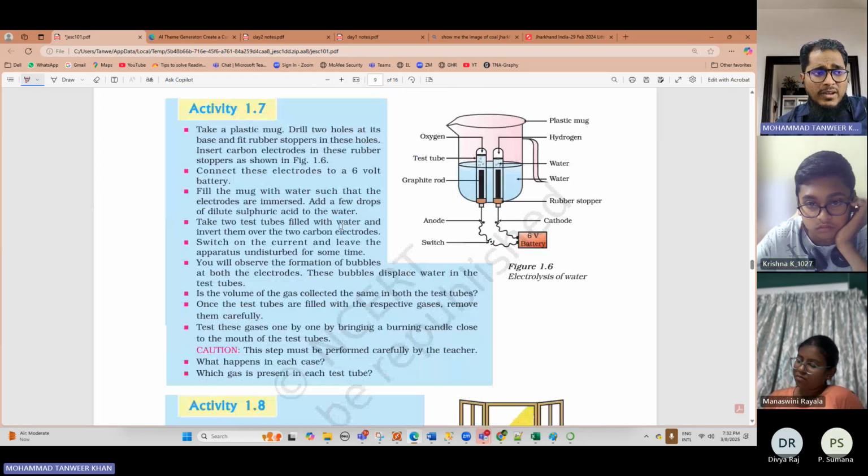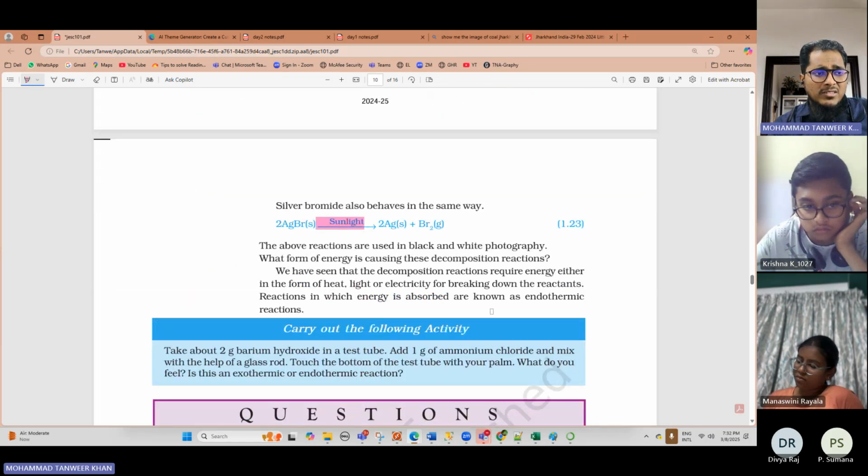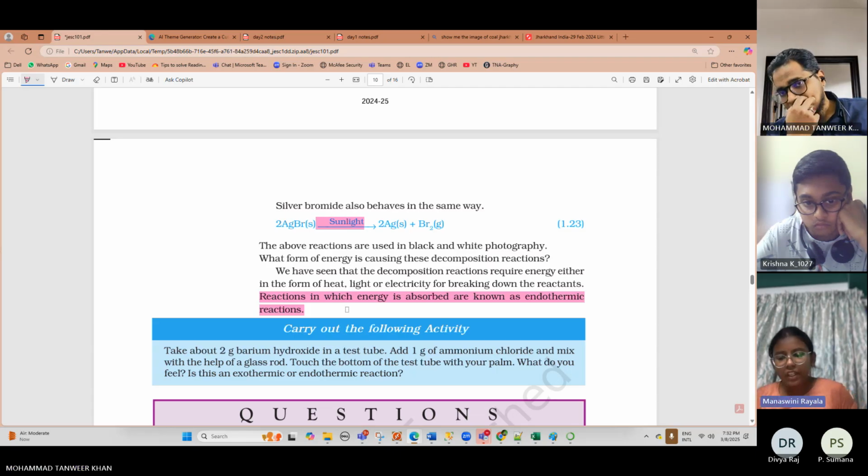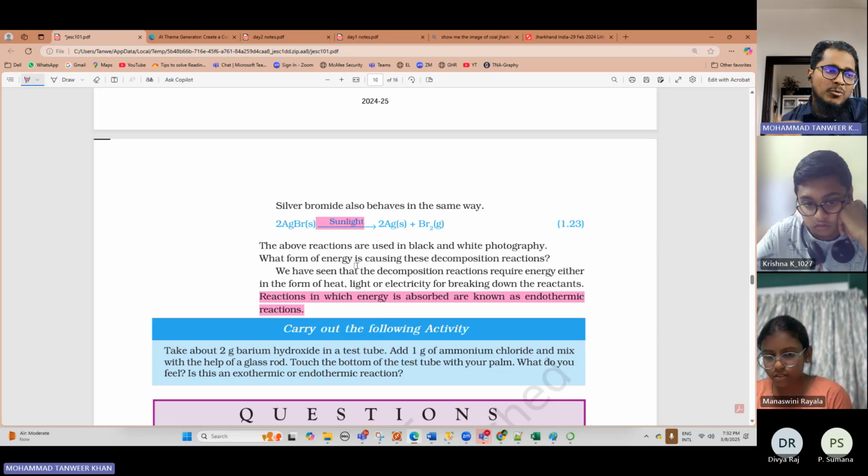Because we are providing heat here, that is why it is known as endothermic reaction. That is what is written here. The reactions in which energy is absorbed, it means we are providing heat, those reactions are known as endothermic reaction. So what is endothermic reaction? Reactions in which energy is absorbed is called endothermic reaction. What is the opposite of endothermic reaction?